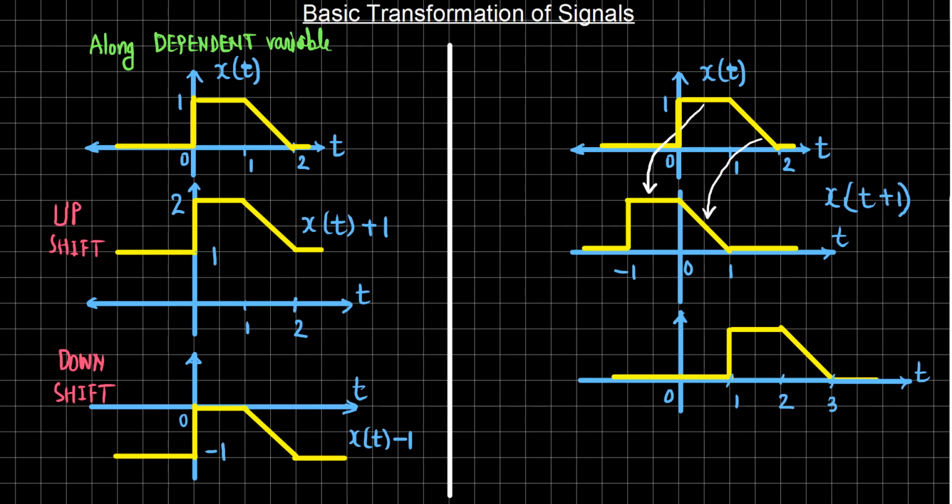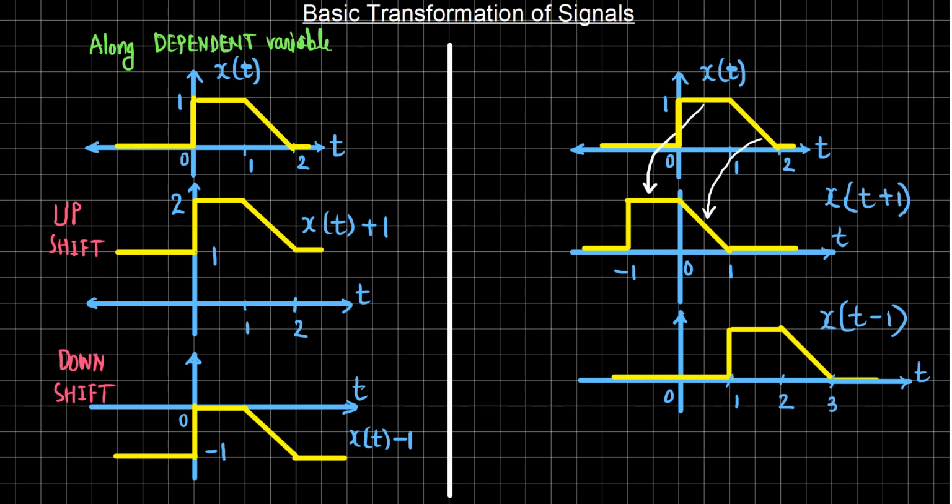Now you may observe here that the original signal that was supposed to start at 0 is now starting from 1. So the signal that was supposed to start at the 0th second is now starting from 1 second. So there is a kind of delay happening in the signal. That delay can be expressed as x of t minus 1.